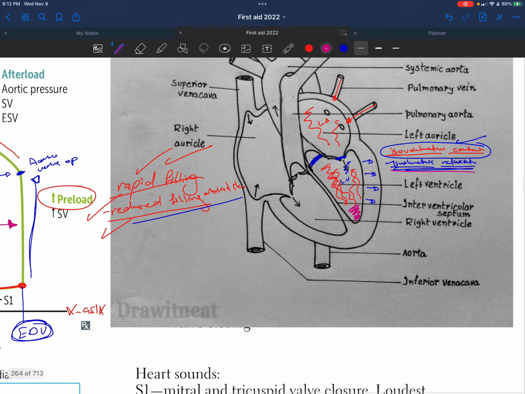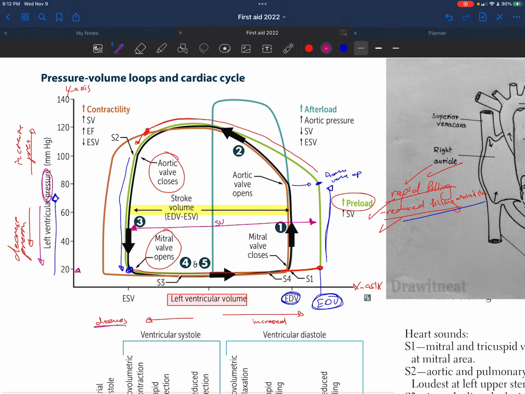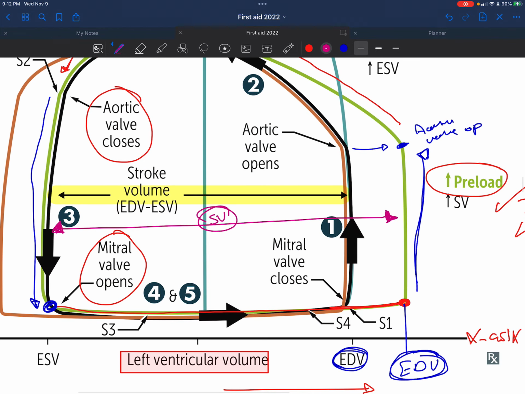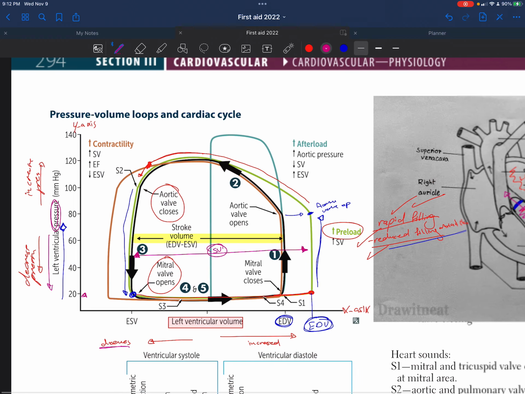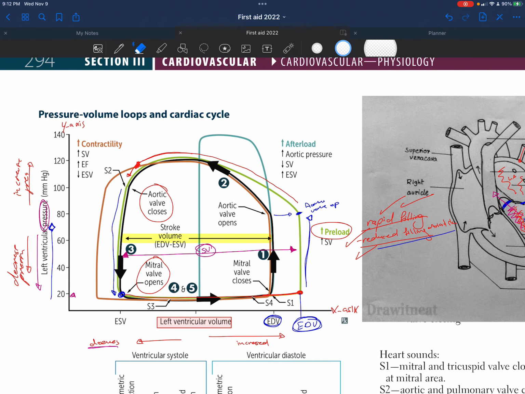We have filled the left ventricle with more blood, so of course more blood is leaving the left ventricle as well. So more in, more out. That's why we see the stroke volume more than the usual stroke volume. So that's for the second variable. The third variable is actually the last one over here.